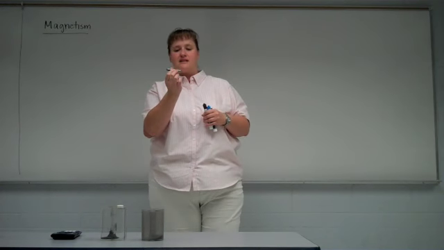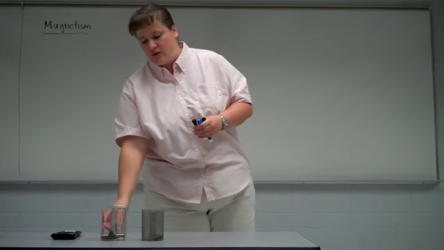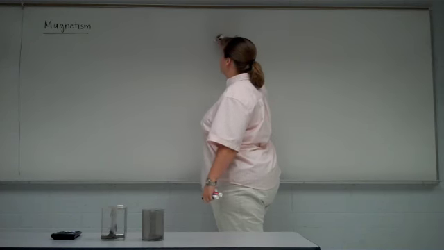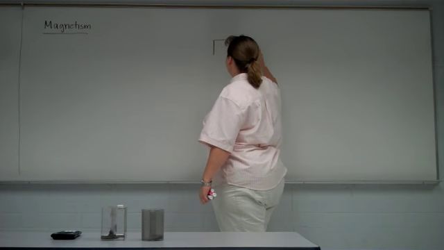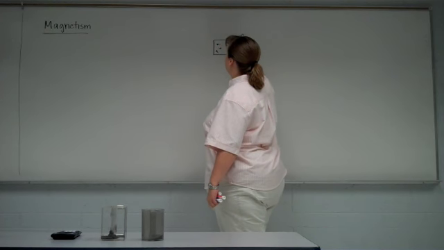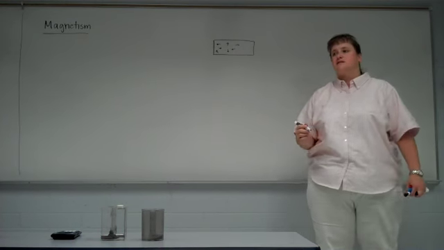Magnetism in a permanent magnet is due to what's called magnetic domains. When you have a piece of iron, for example, if it's not magnetized, it has a whole bunch of little magnetic domains that are randomly oriented throughout the magnet.